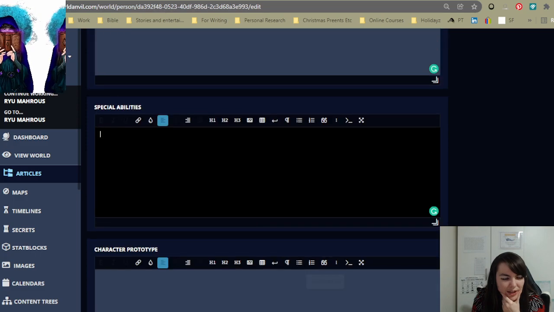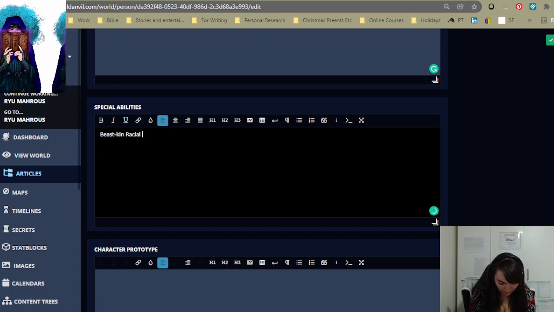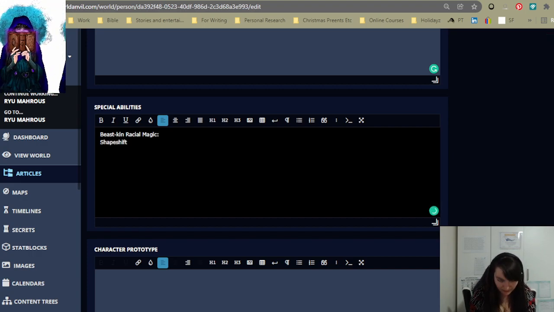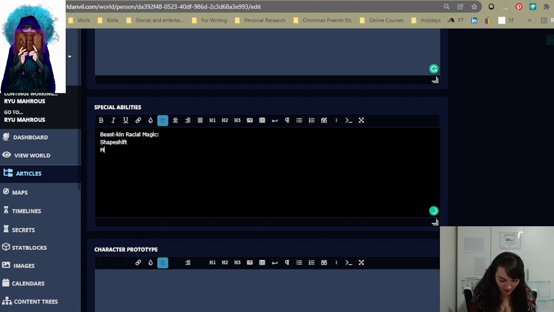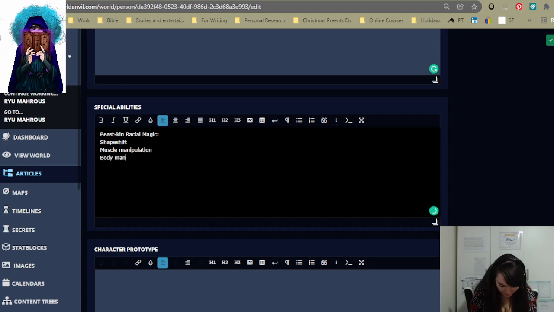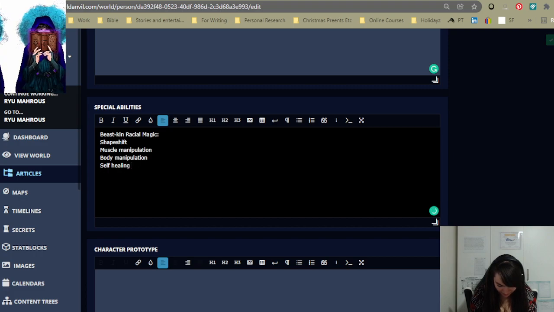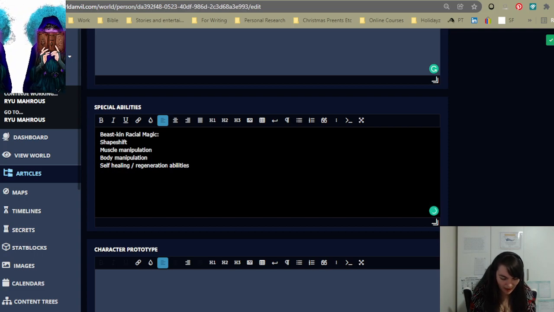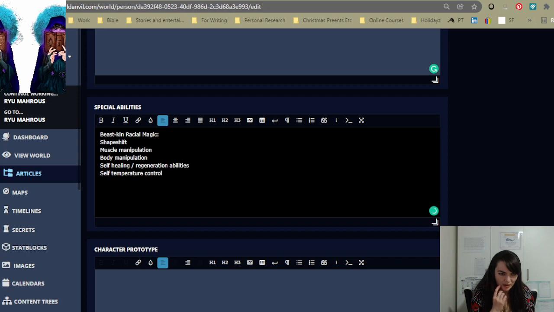Special abilities. This is basically where I've been putting the beastkin racial magic, or just the magic of anyone. So shapeshift, muscle manipulation, self generation abilities, temperature control.